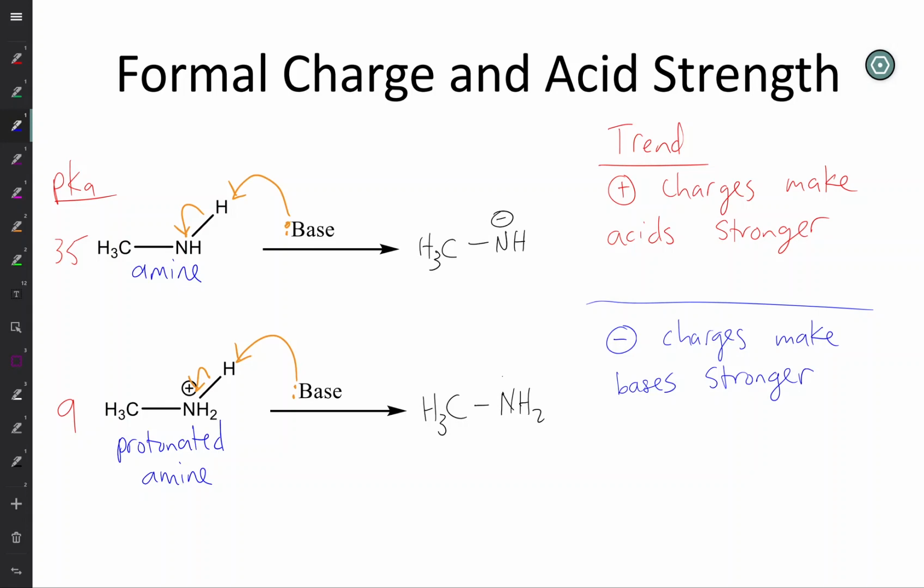All right, so the question is, I understand why the negative charge would make a base stronger, because a negative thing is going to be more attracted to a positive thing, more attracted to H plus. Why would a positive charge make an acid stronger?